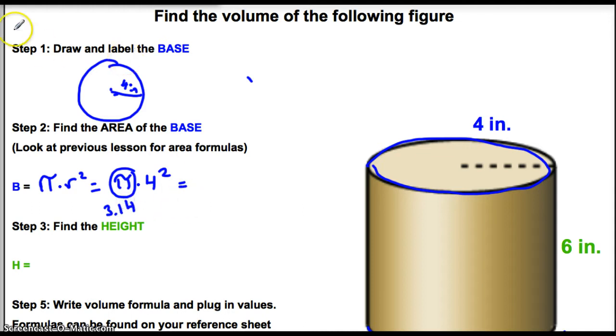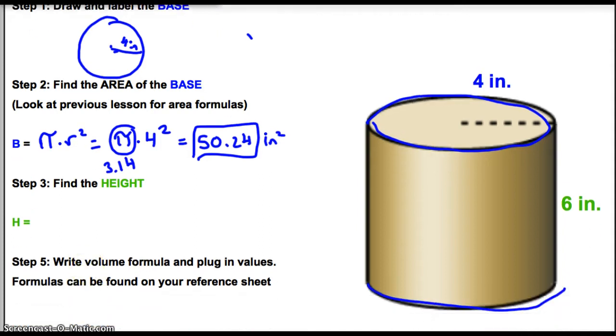That gives us 50.24, so we got the area of our base. Don't forget the units, that's going to be inches squared. Second part, we find our height. The height is the easy part. It's just how tall this figure is, right here, and that is 6 inches.